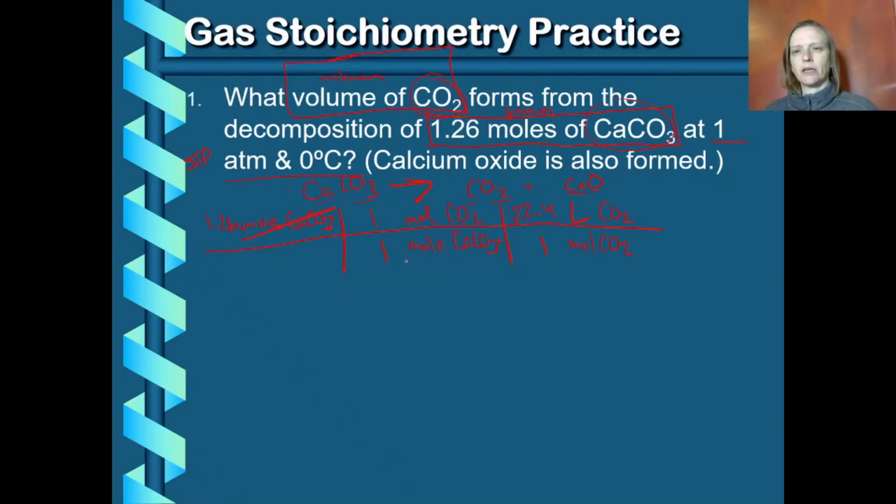Moles of calcium carbonate cancel out with moles of calcium carbonate. Moles of carbon dioxide cancel out with moles of carbon dioxide. So I'm left with liters of carbon dioxide. And when I do the math, I get 28.224, but I need to round that off to 3 sig figs, and therefore I get as my final answer 28.2 liters of carbon dioxide.